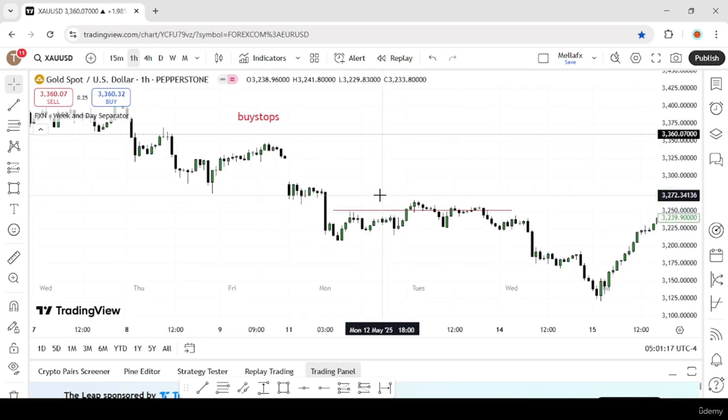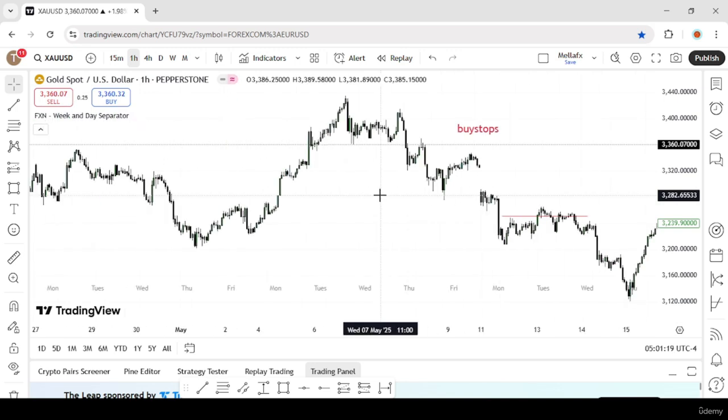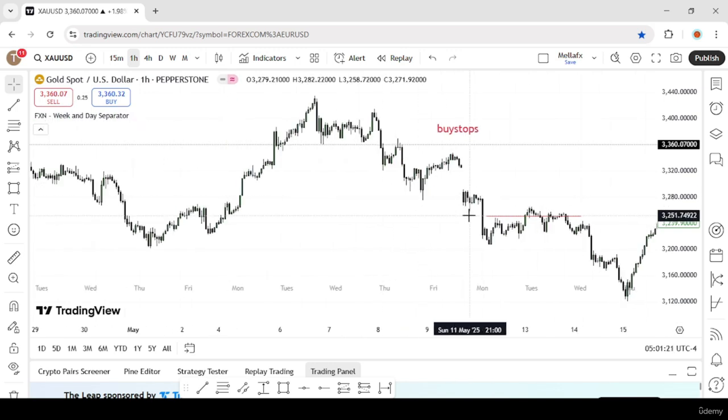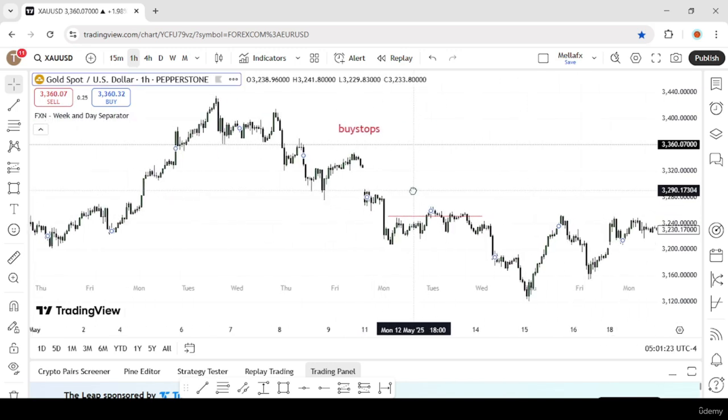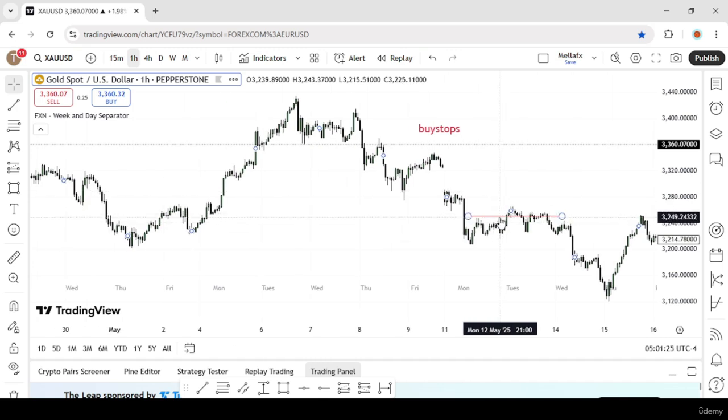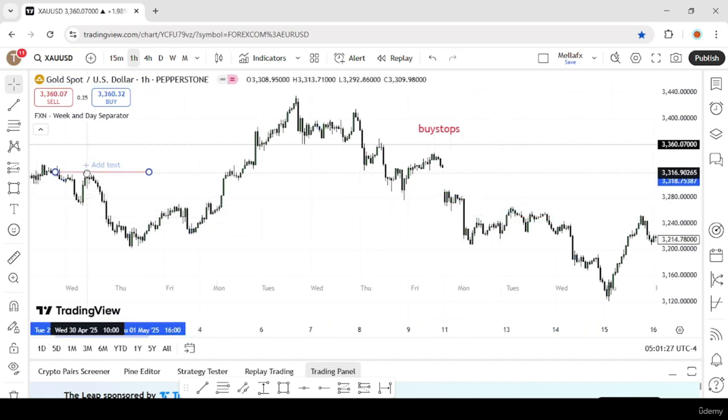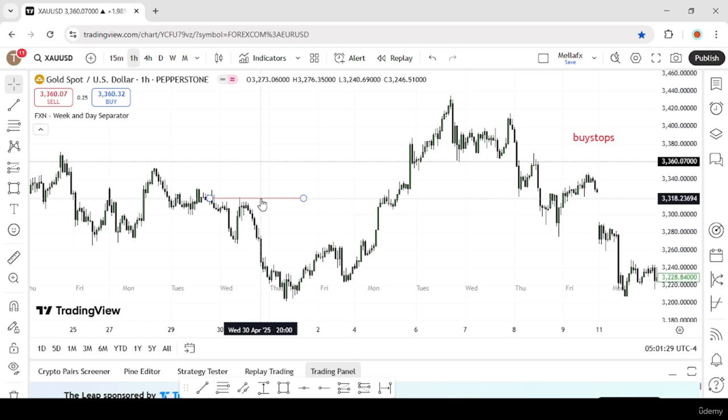Sometimes this buy side liquidity may be used as our target. For example, if the market has hit a discount array at this area, we have these highs. So we know that these highs will be sought in the market.